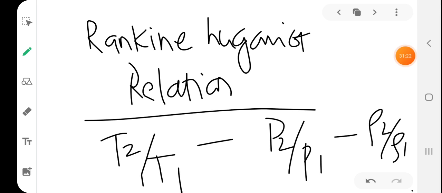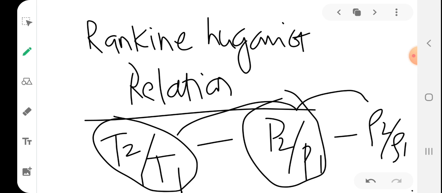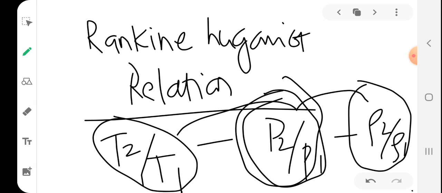We have already obtained these ratios in terms of gamma and Mach number. Now we aim to get a relationship between them in terms of each other, for example T2 by T1 in terms of P2 by P1, or P2 by P1 in terms of rho 2 by rho 1, without having a term of Mach number in that equation.